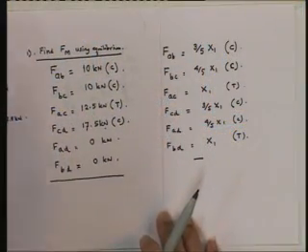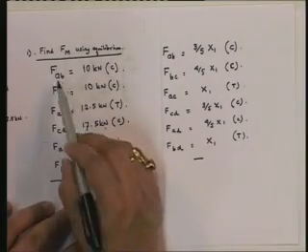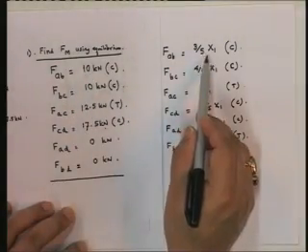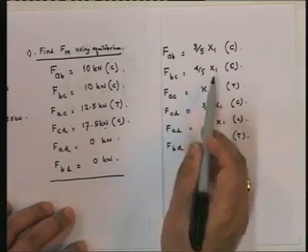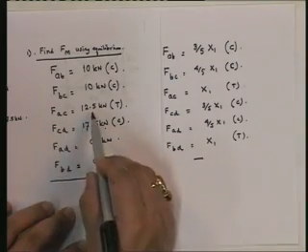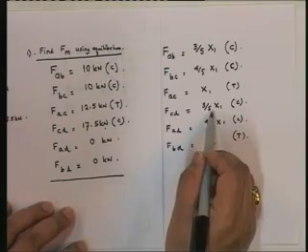Okay, and therefore if you look at it, what would be the force in the original structure? It would actually be, if you look at this, that the actual force in the original structure FAB would be equal to 10 plus 3 by 5 x1, BC would be 10 plus 4 by 5 x1, AC would be 12.5 plus x1, CD would be 7.5 plus 3 by 5 x1.